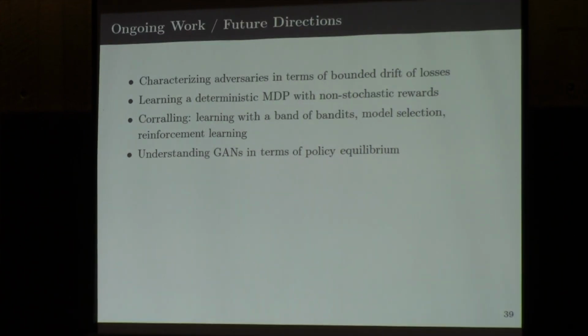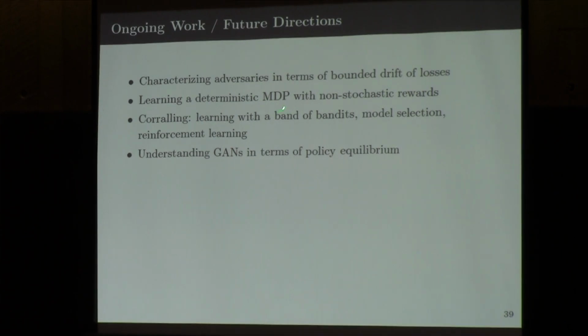Some ongoing work and future directions: as I said earlier, the way we model unforgiving adversaries as strategic opponents is fairly mild. What we really want to do here is characterize the forgiving nature of adversaries or learning environments in terms of how the losses drift, in terms of bounded drift of losses, or maybe exponential decay in terms of the memory.